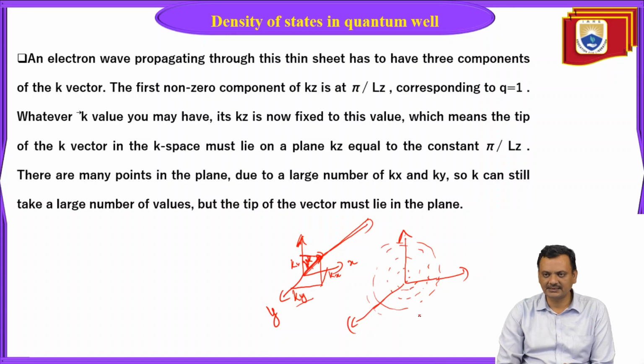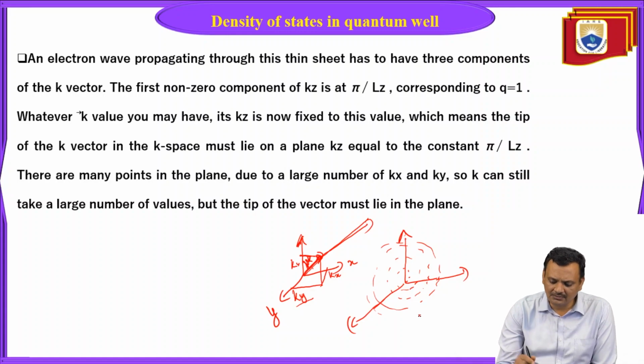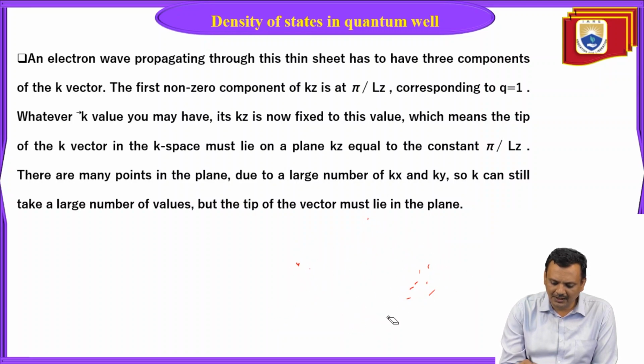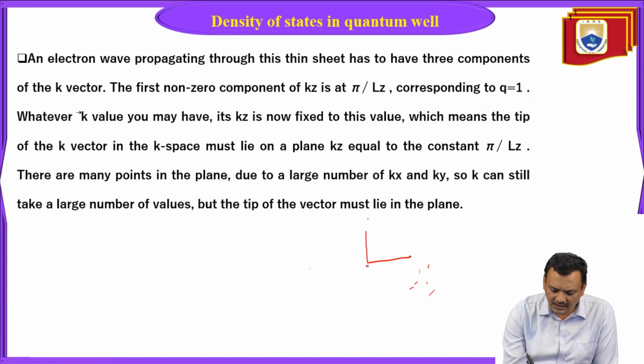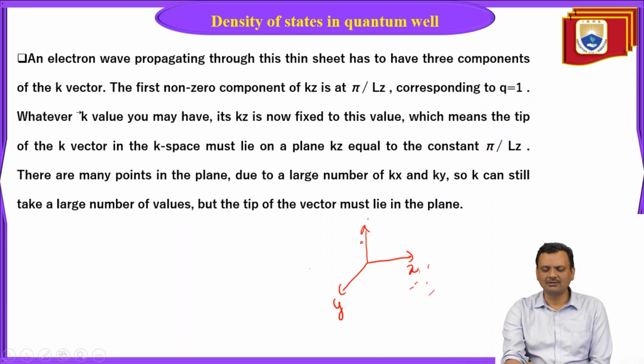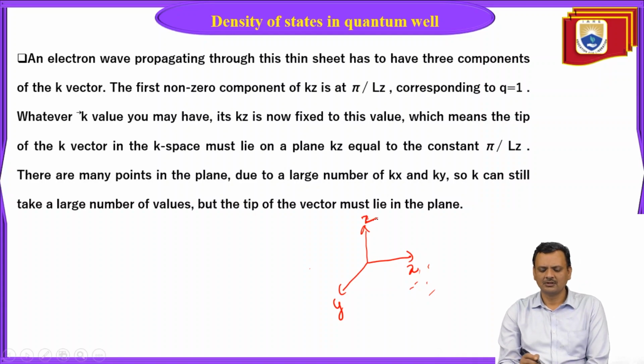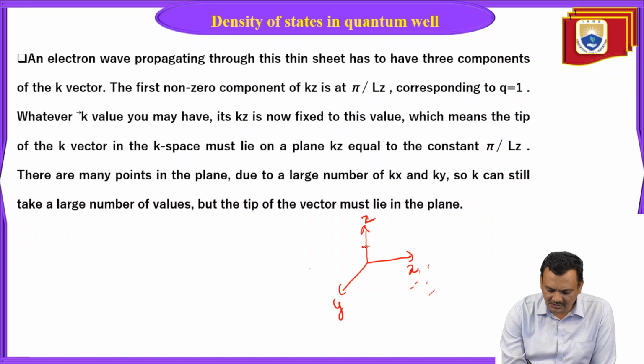But in the quantum well case, what will happen? Only 2 or 3 values of kz are available in the z direction. Let's suppose this is pi upon Lz, and this is 2 pi upon Lz.